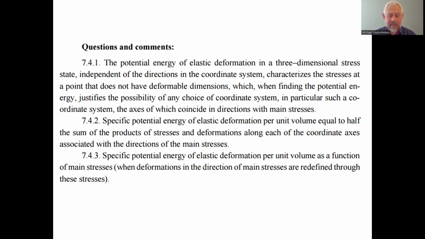We need this to define the relation between the theoretical relations of interrelations of the constants of the elastic material.